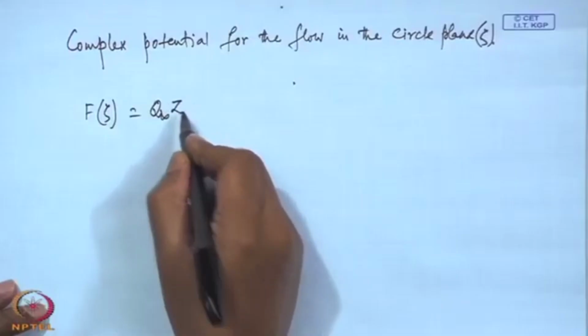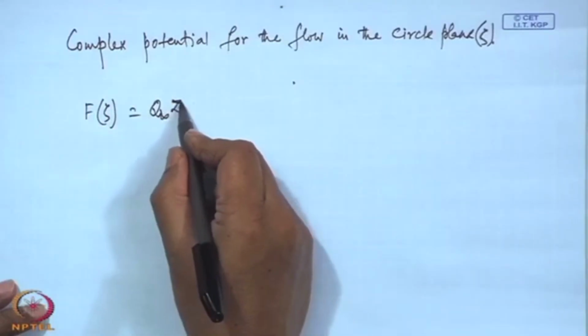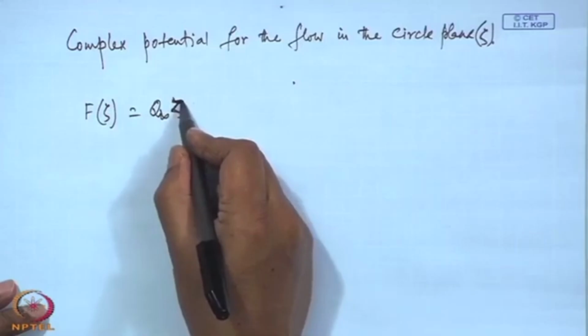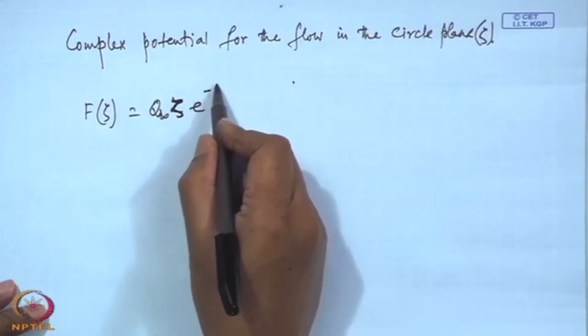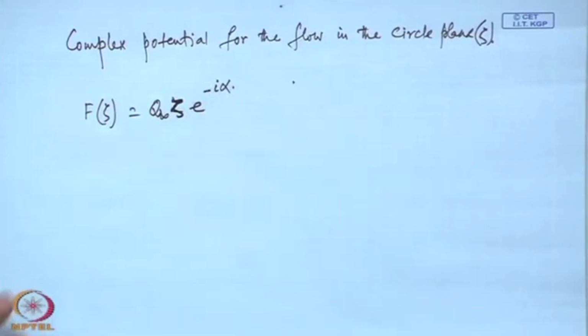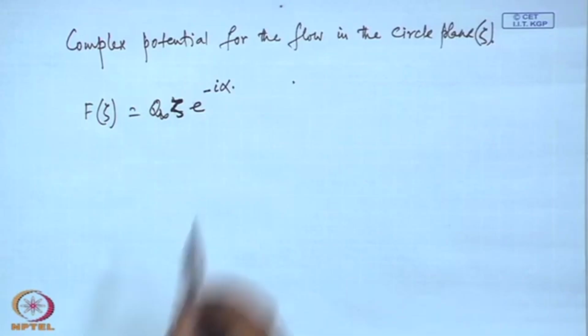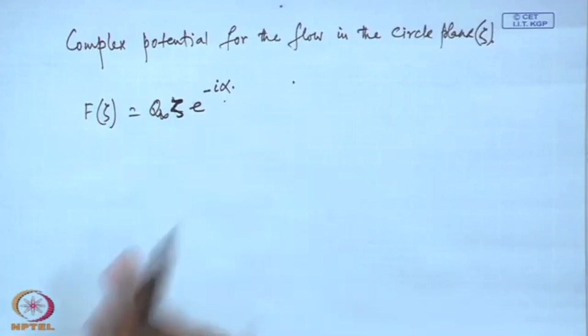And it is Q infinity zeta e to the power minus i alpha, where alpha is 10 degree expressed in radian. Remember, in this expression these alphas are in radian.